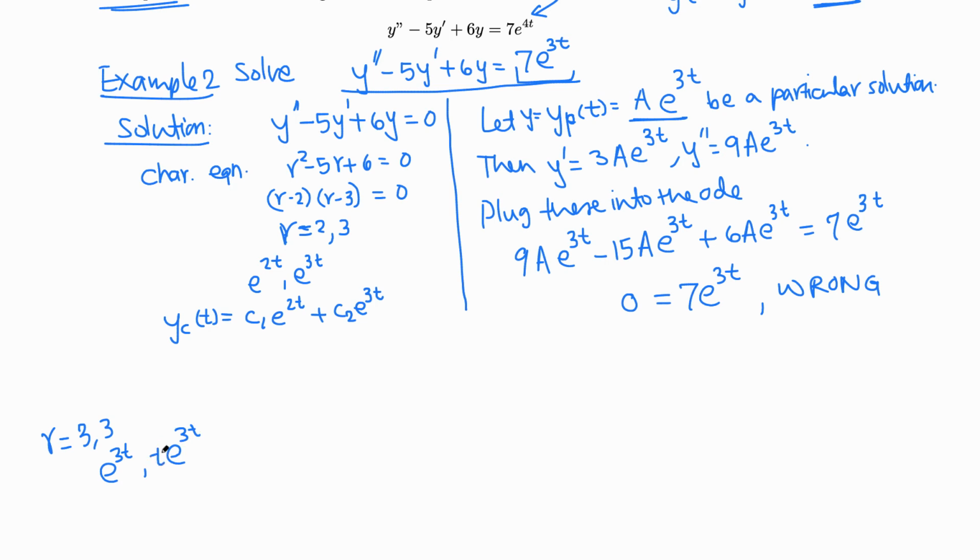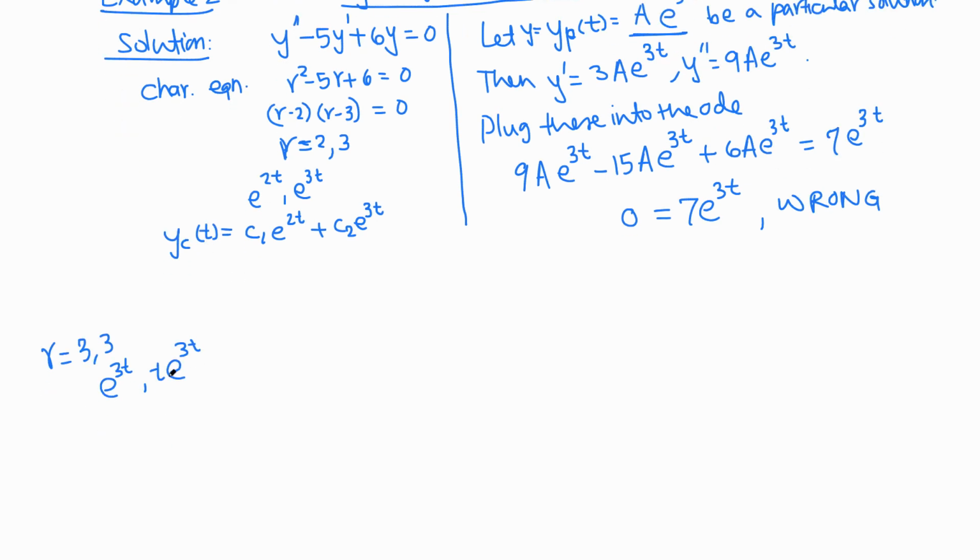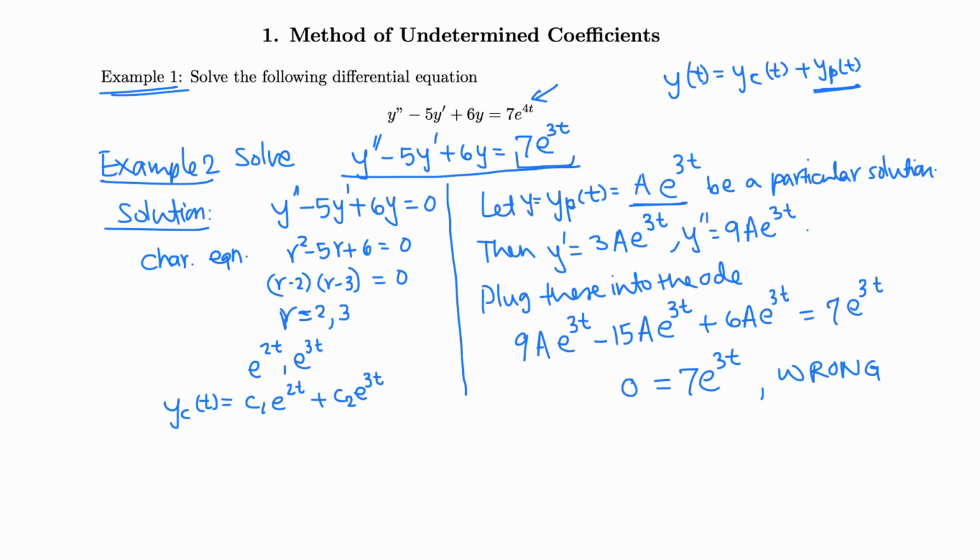We multiplied by t, right? So we're going to apply the same technique here and hope that works. Whatever we did here is just a lesson learned. I'm going to cross this out. It's one time work. Now you know e^3t is already a solution, so we should not proceed in this way.